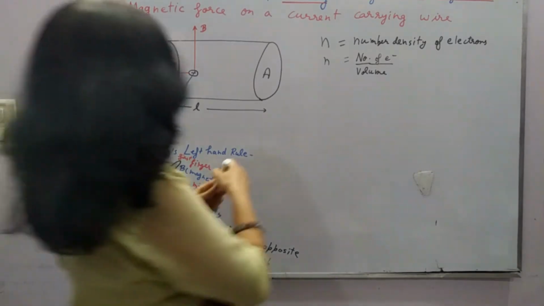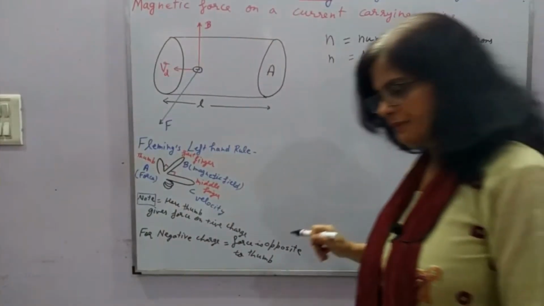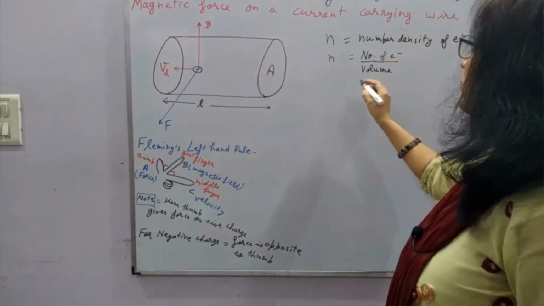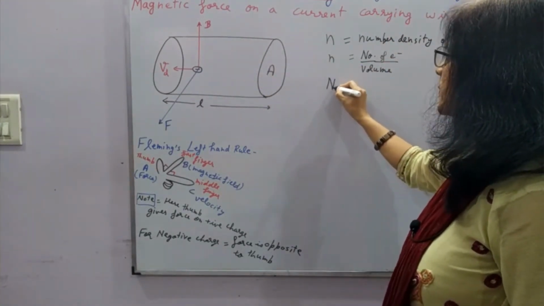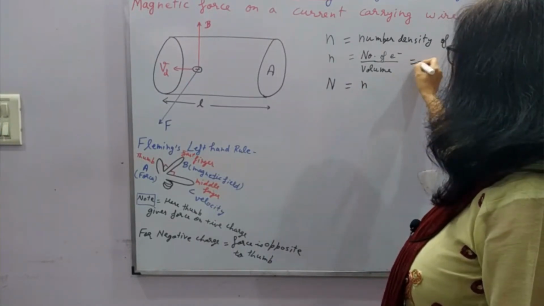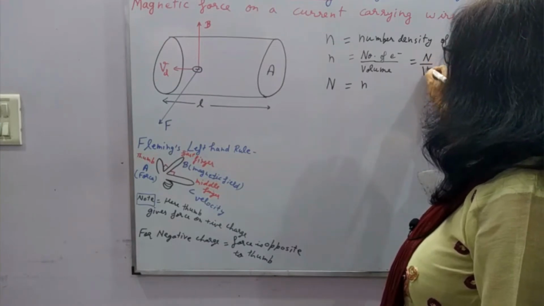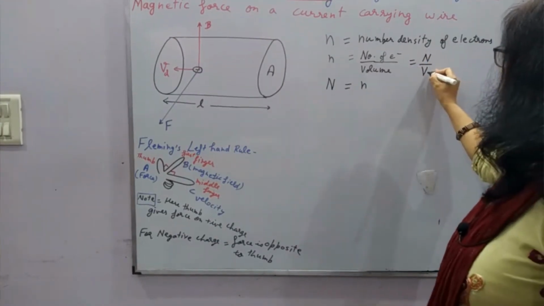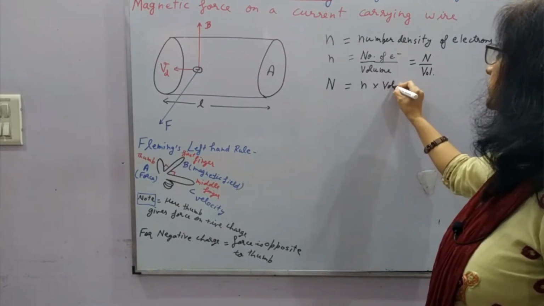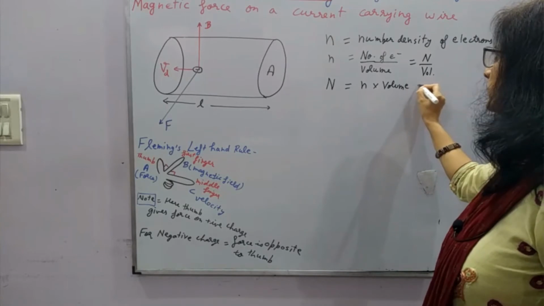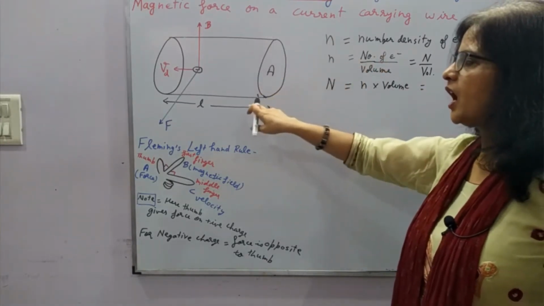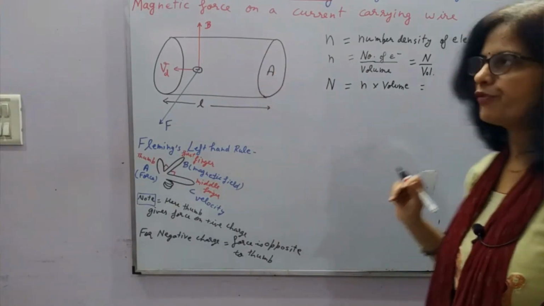So now if this is number per unit volume, then to find the number of electrons in this piece, this number will be small n into the volume of this piece of wire. Now small n is the number density. How to find the volume of this piece of wire?